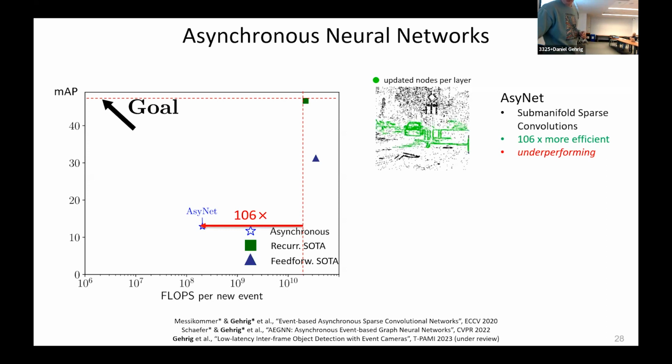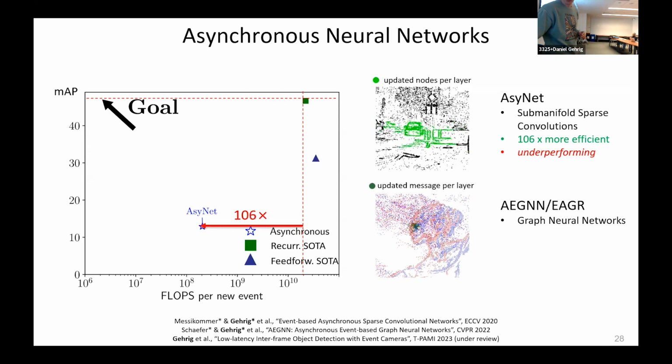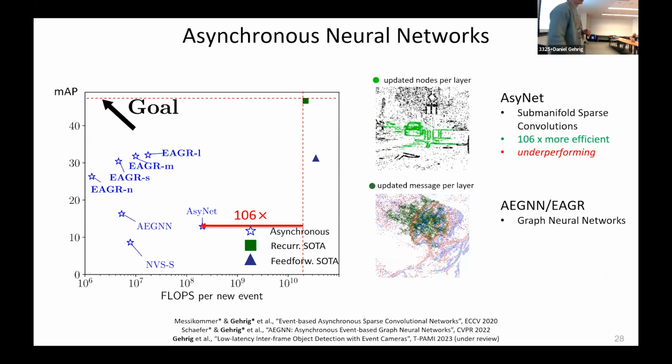So how can we do better? One way to do better is to use graph neural networks. Graph neural networks also take into account the temporal aspect of events, and they have more flexibility in the connections that they can make. And here you can see a subgraph that has been updated at each event. Now plotting these event graphs, we see that we can go at the same time much more efficient.